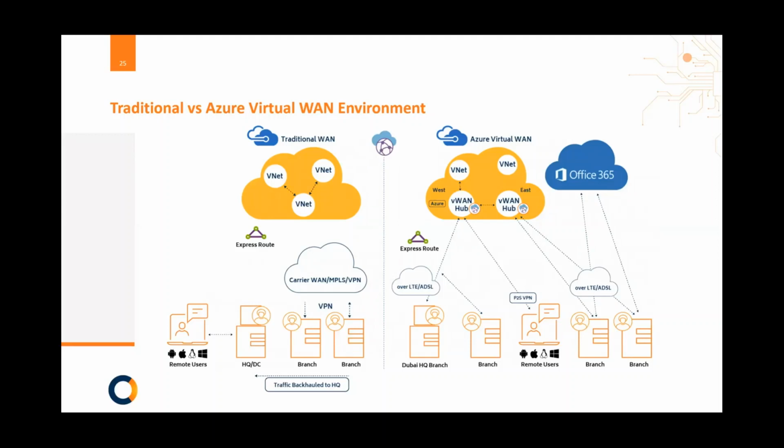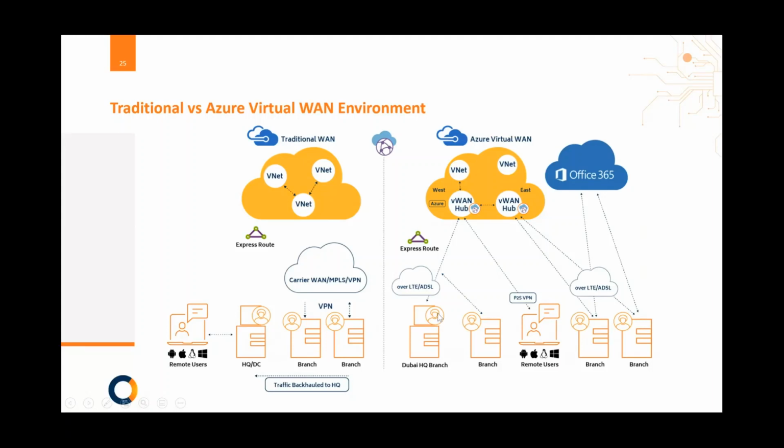So we also have Azure Virtual WAN. We are an authorized partner in the region for Microsoft Azure, specifically for Virtual WAN. The value add from the Omnicloud side is that our platforms are compatible with Virtual WAN. So if you have a virtual or a physical box at the branch, you can connect to the Virtual WAN hubs, which are available in the region.